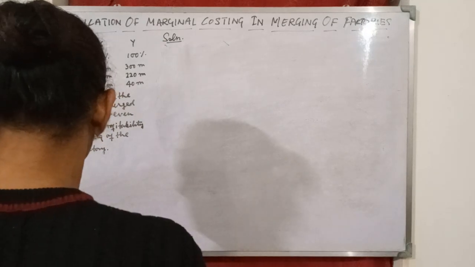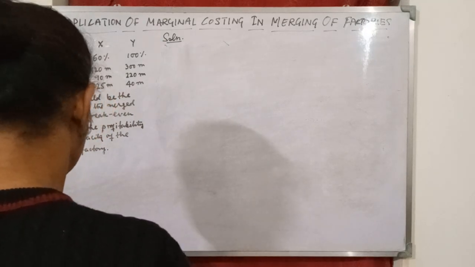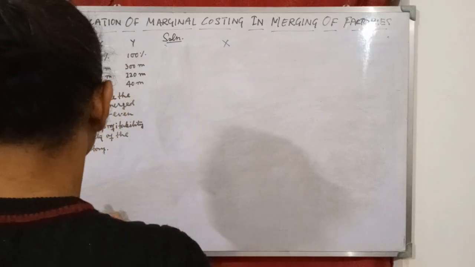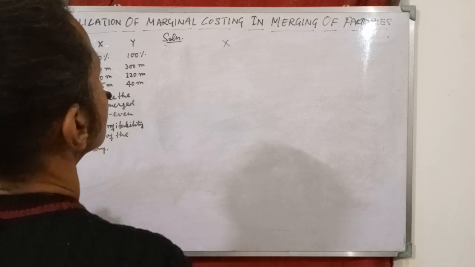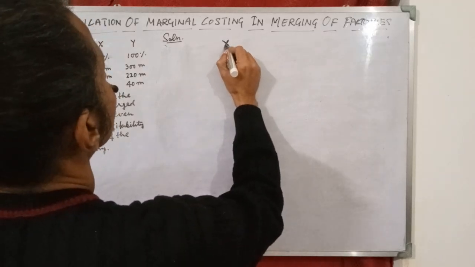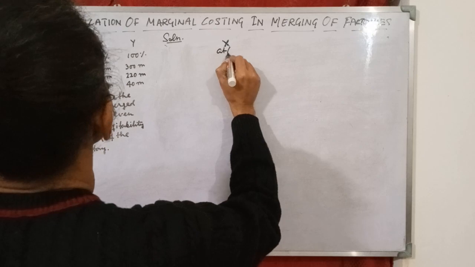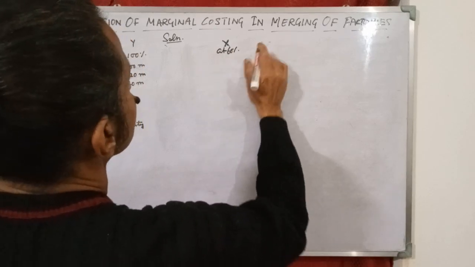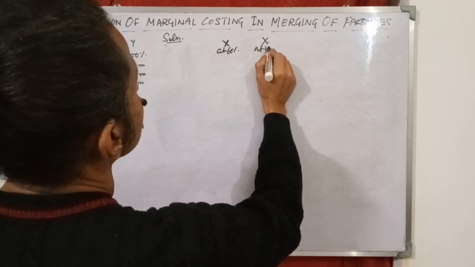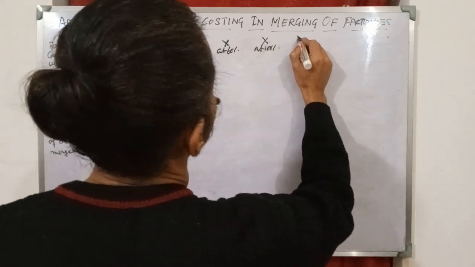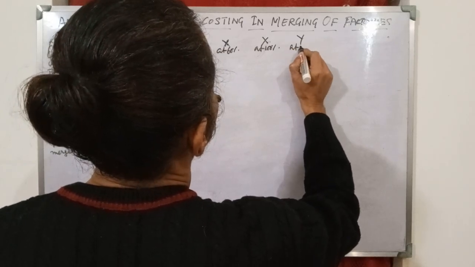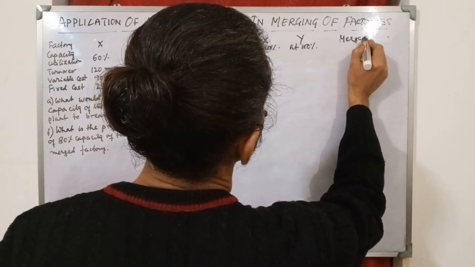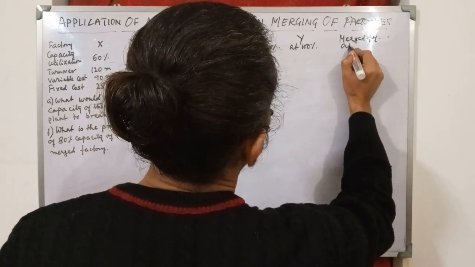Factory X at 60%, X at 100%, Y at 100%, and merged factory at 100%.